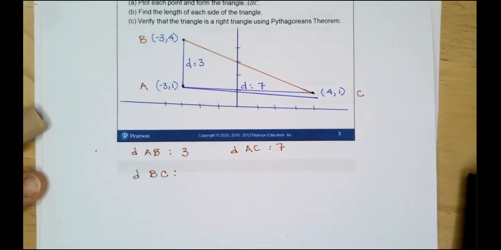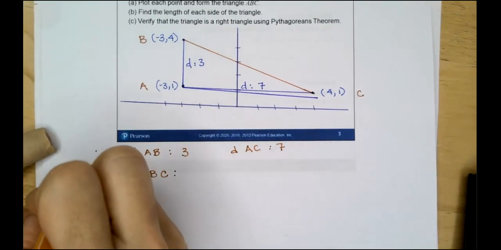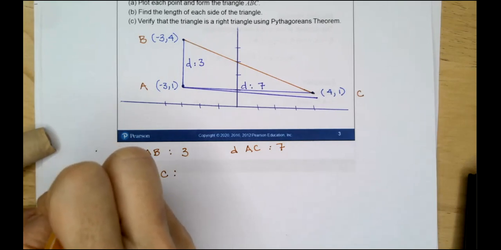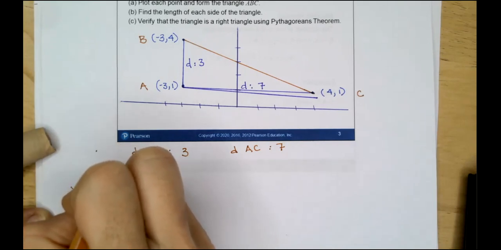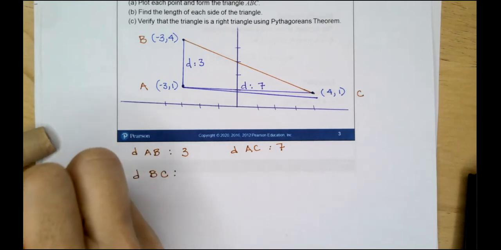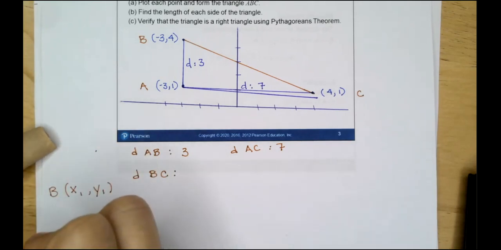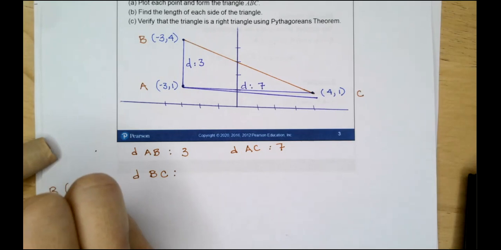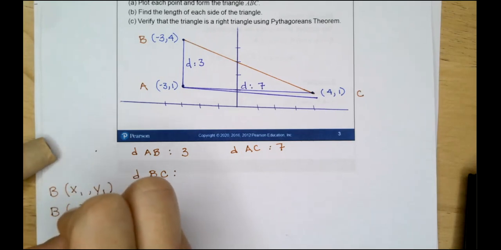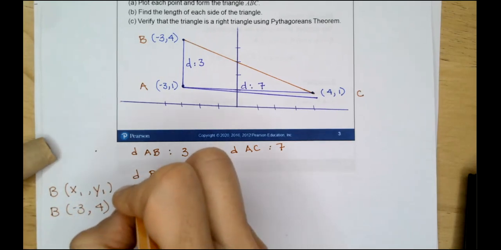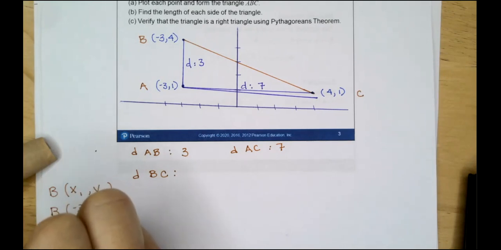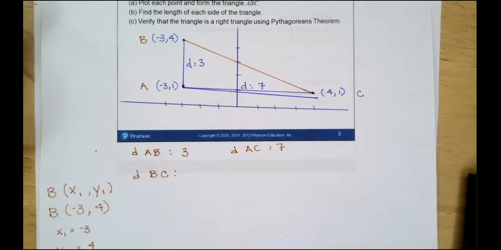I guess I made B my point 1. So x1, y1 of B, right? That means B is negative 3, 4. So x1 is negative 3, y1 is 4.